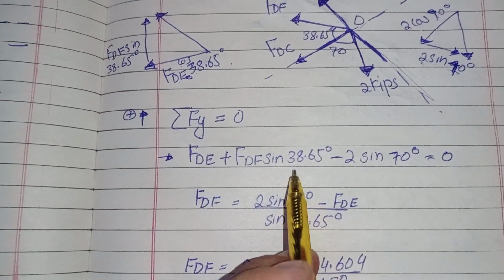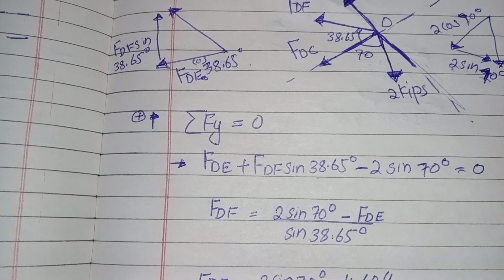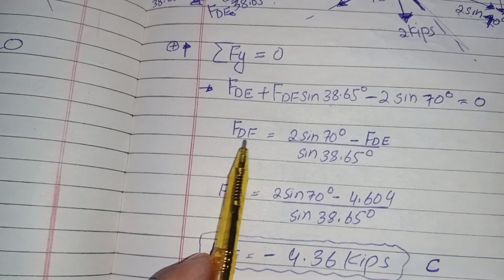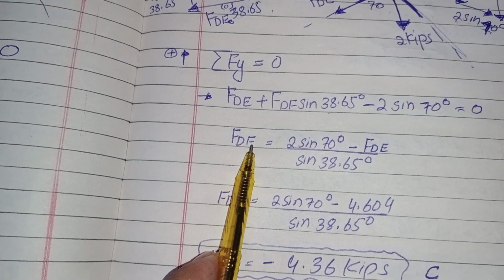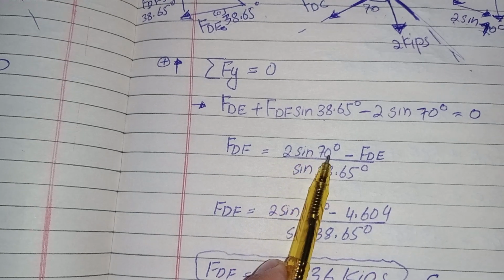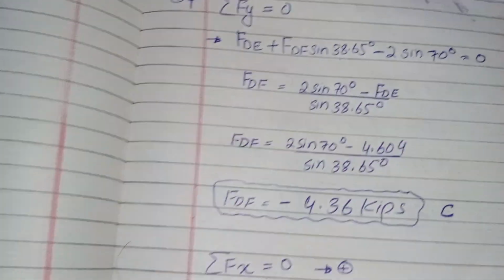So I find this 38 degrees from the tangent formula. Okay. So FDF will equal 2.2 sine 70 negative FDE divided by sine 38.65.